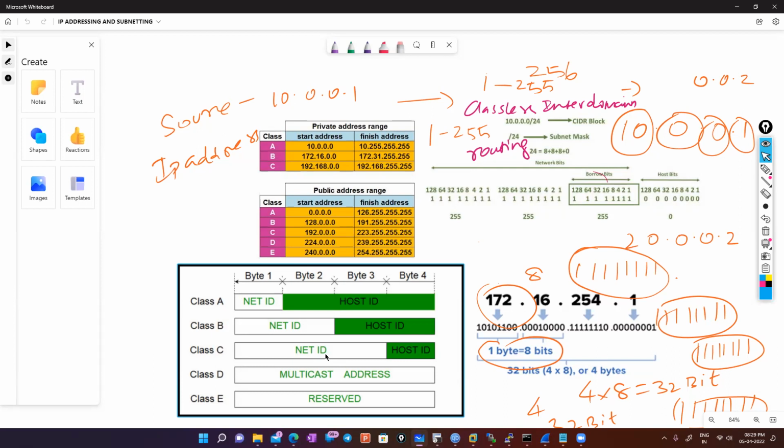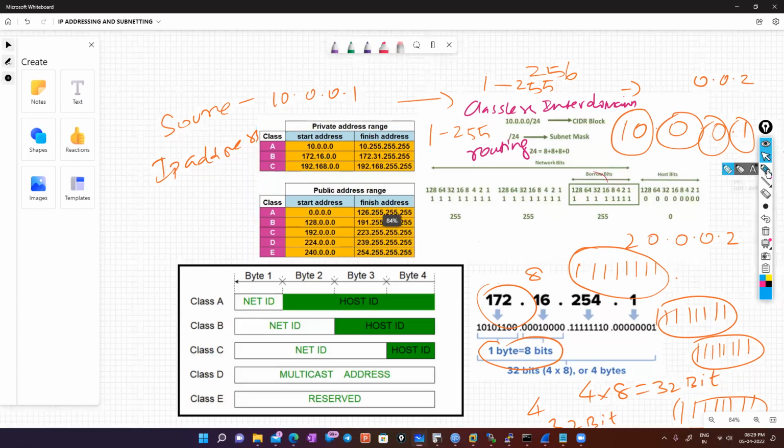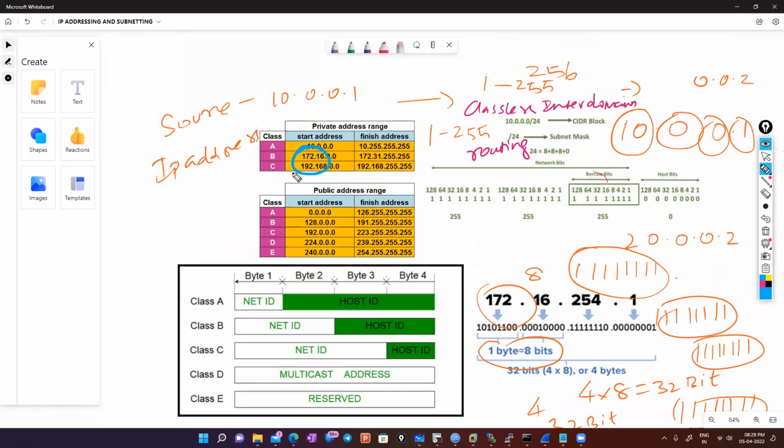Class A, Class B, and Class C. Here with this range, 172.16.0.0 would be your network address, right? And only 16 bits are occupied for the network, only these segments. And the other 2 segments, 2 power 16 minus 2, are used for host bits.